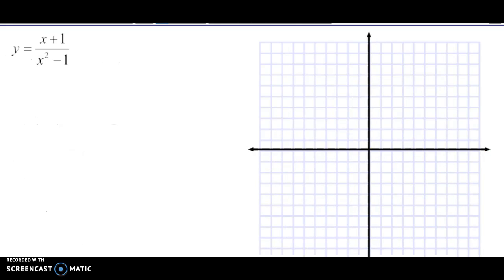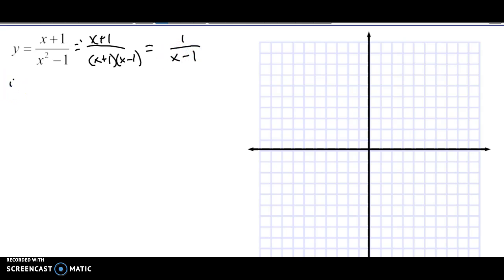Okay, so the next example, y equals x plus 1 over x squared minus 1. We're going to go ahead and simplify this a little bit. So we'll have x plus 1 over x plus 1 times x minus 1. Notice here that we can cancel some things, which gives us 1 over x minus 1.